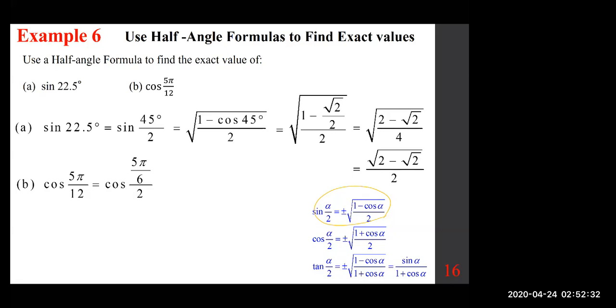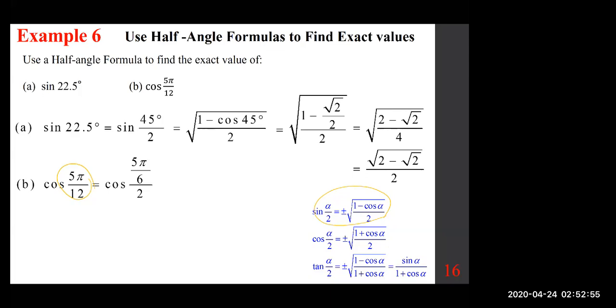Now, before we move on, class, 5 pi over 12, which quadrant is that? Because we want to establish positive or negative before we move on. Which quadrant? Okay, class, remember, it's the first quadrant, because 6 pi over 12 would be pi over 2.